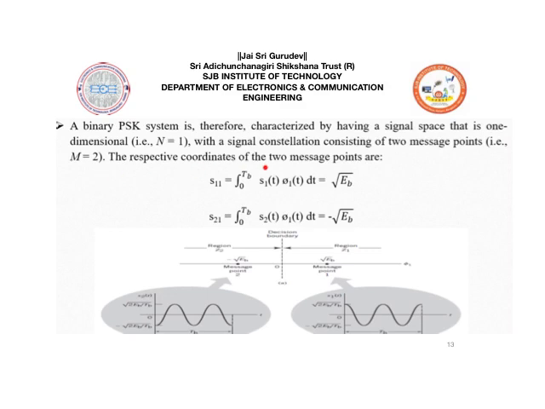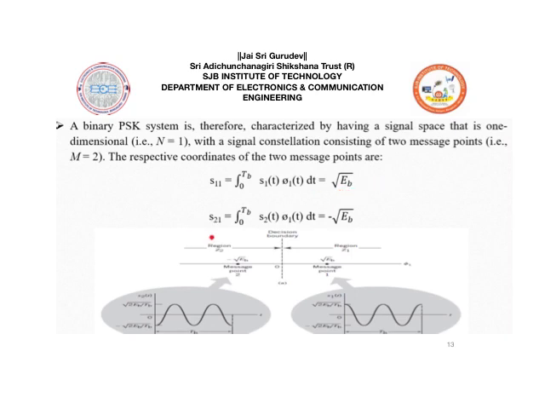Now the respective coordinates of the two message points will be s11 and s21. If we write the expression of s11, it is the integral from 0 to Tb of s1 of t into phi 1 of t into dt, that is nothing but equivalent to square root of Eb.